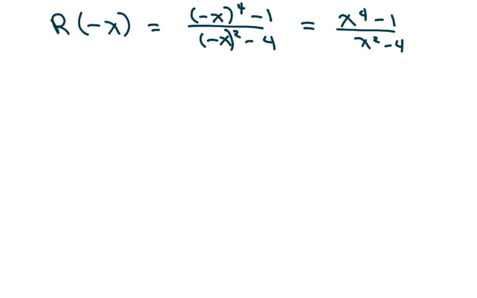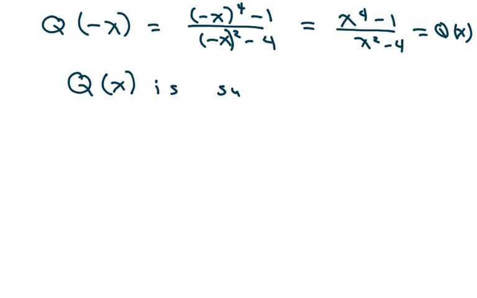Since this equals q, sorry, since this does equal q of x, we get back our original equation. That means q of x is symmetric to the y-axis, which helps us with our graph.